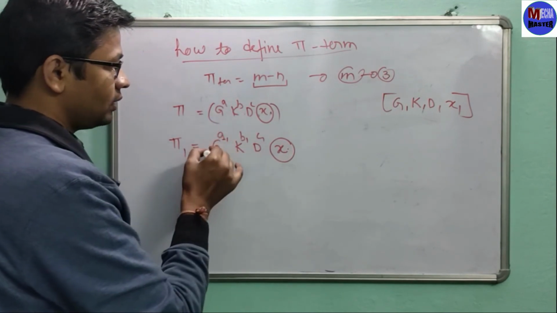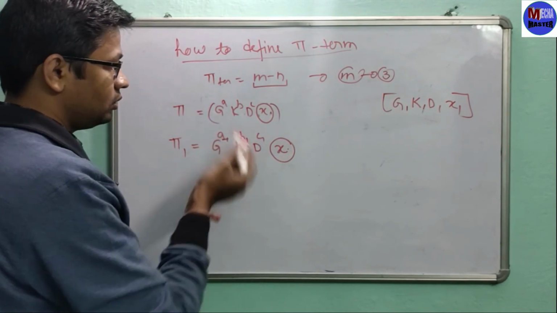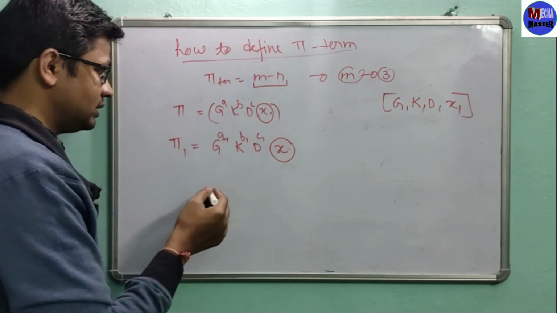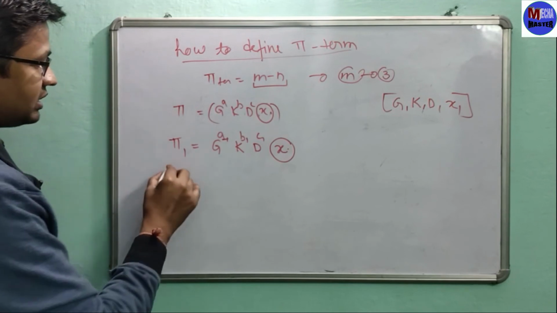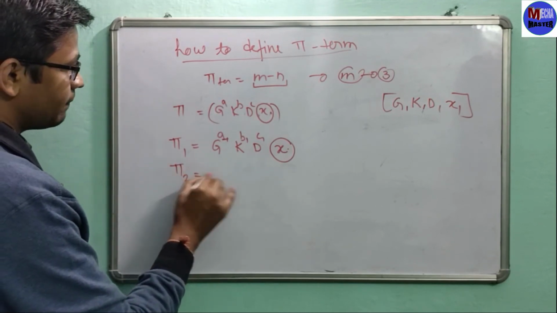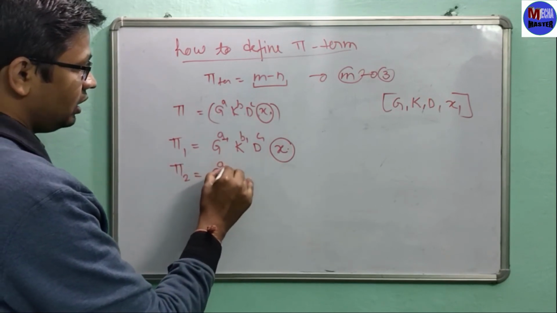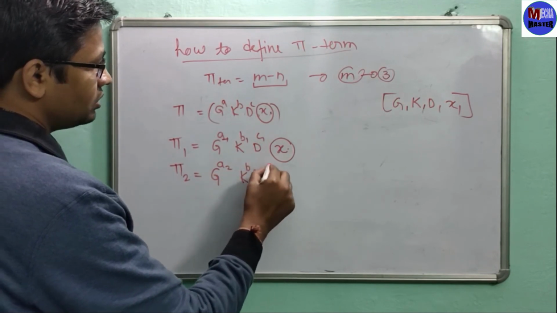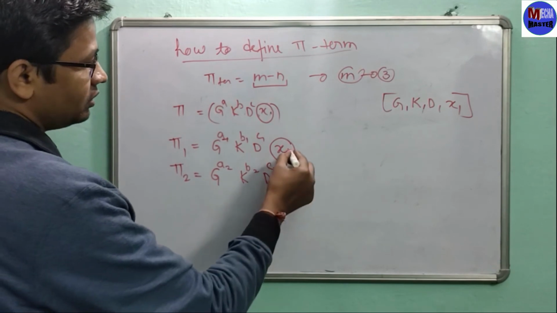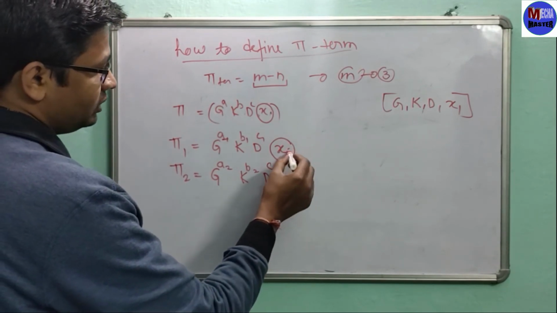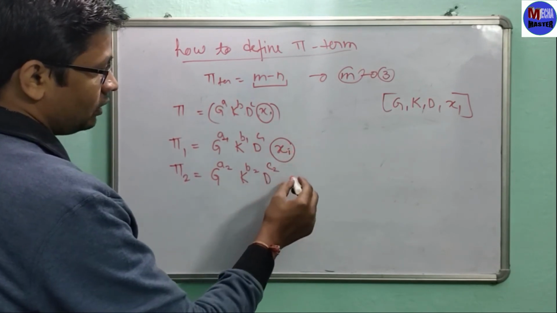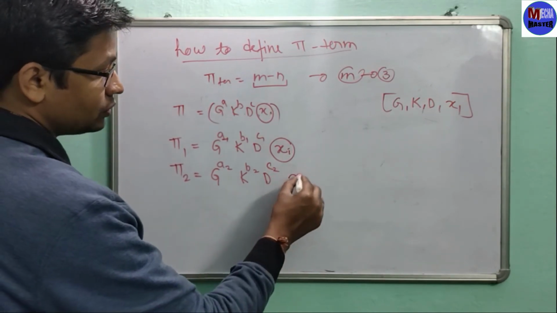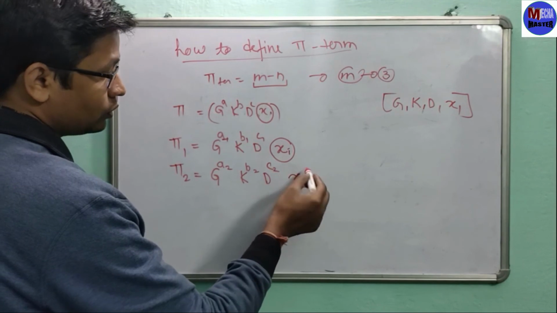Then simply derive this in terms of dimensions. What will be the second pi term? The second pi term will be G^A2, K^B2, D^C2, and if the first non-repetitive term is x1, the other will be x2, also with no power.